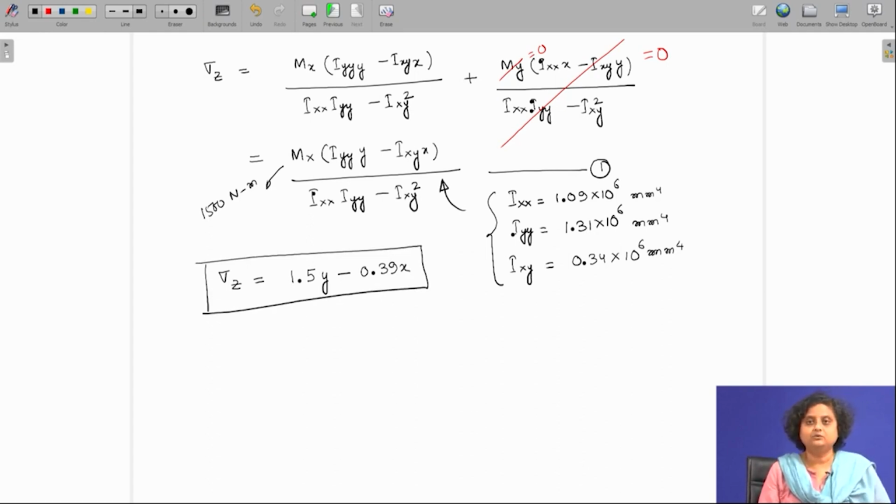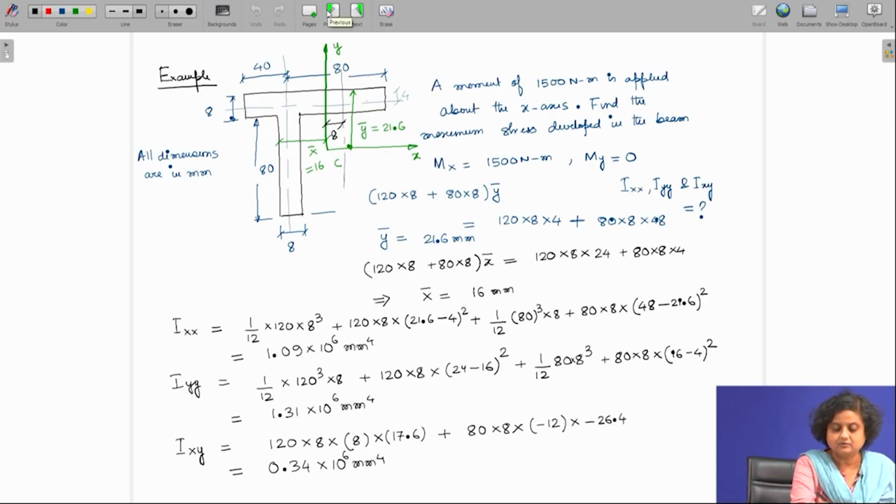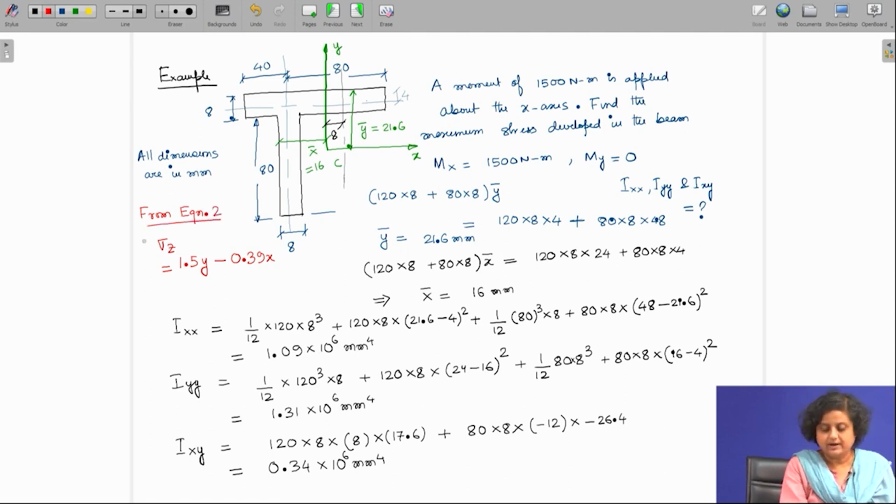We can find out the normal stress at any point by substituting the value of x and y into this equation. Let me call it equation 2. So we have obtained sigma z for this cross section to be 1.5 y minus 0.39 x, from equation 2.